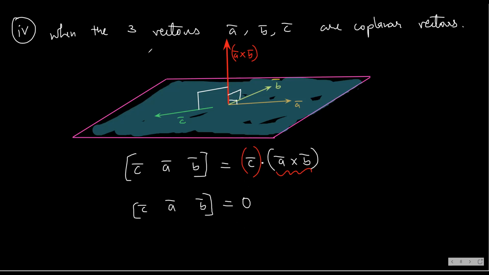So this is the fourth one that you have. The value of scalar triple product will be 0 when the three vectors a bar, b bar, c bar are coplanar vectors.